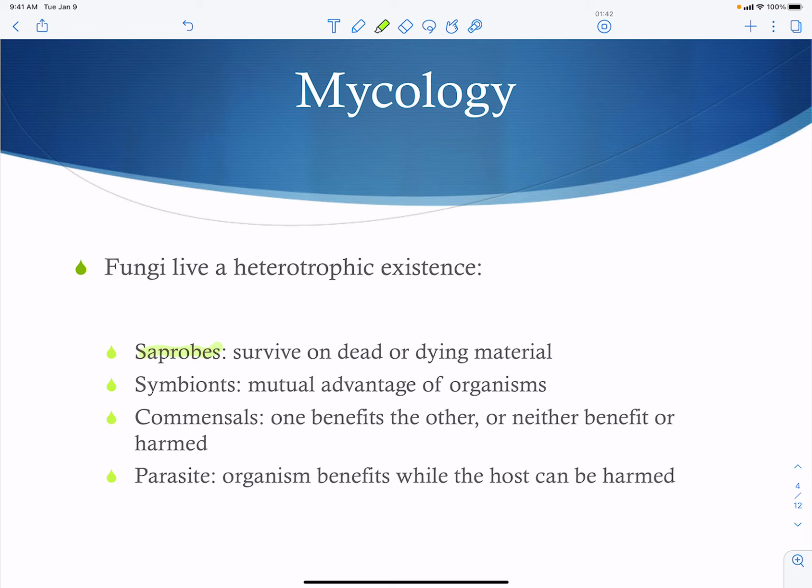So this is where one benefits. And in the case of our commensal fungi, the fungi will benefit from living on us, but they don't really harm us. And so that would be a commensal interaction. They can also be parasitic, where the organism, such as the fungi, is going to benefit at the expense of us, the host. And so most, of course, of medical mycology is centered around parasitic.